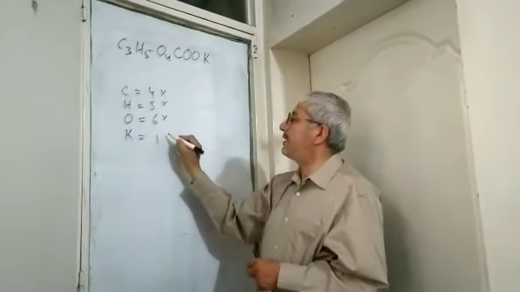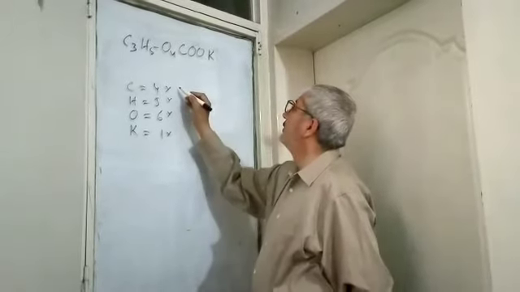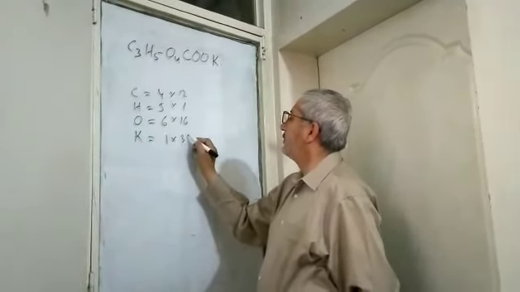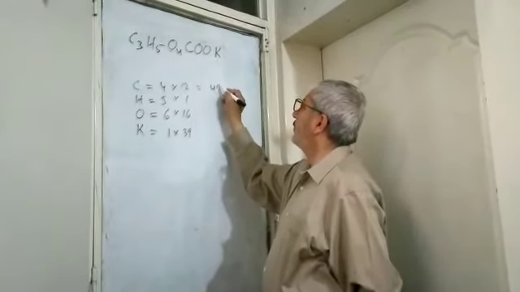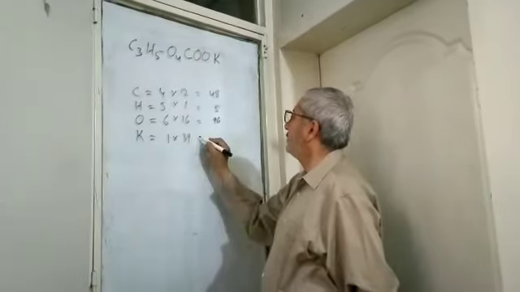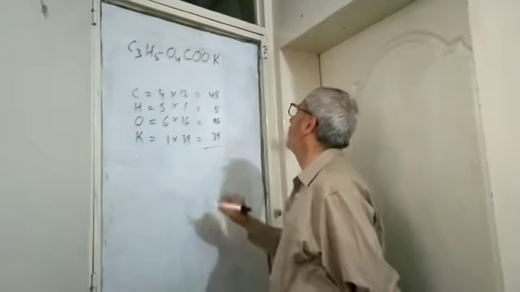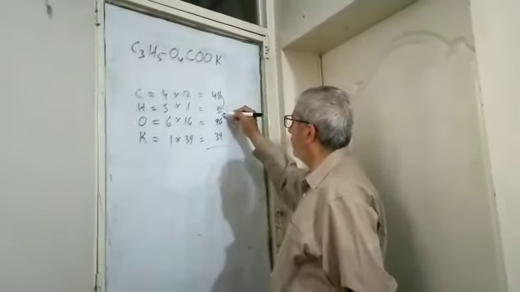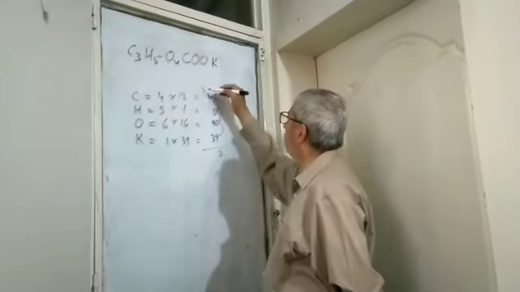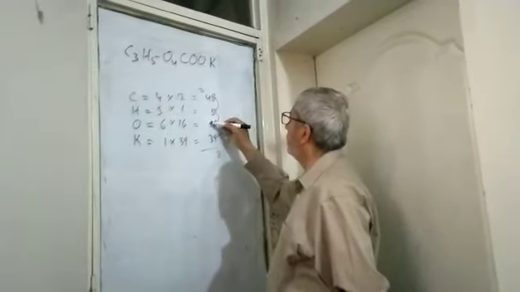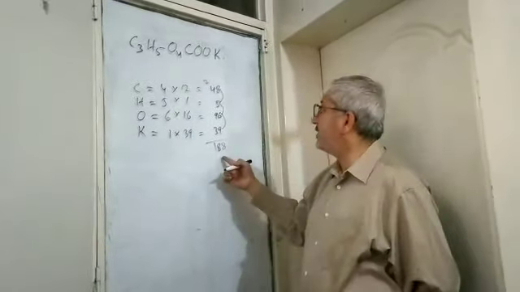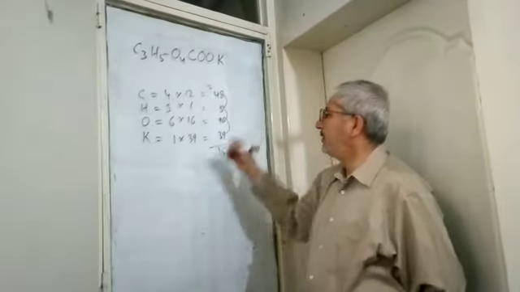Multiply these with the respective atomic masses: 12, 1, 16 and 39. 48, 5, 96 and 39. Now the total mass is 188 and the mass of carbon is 48.